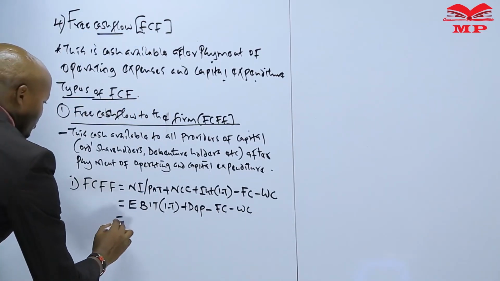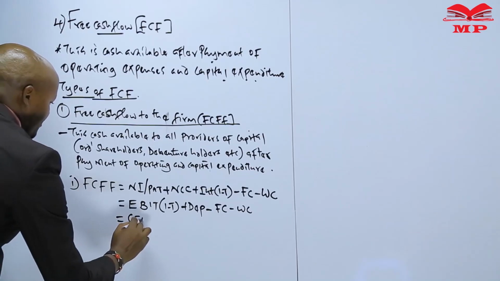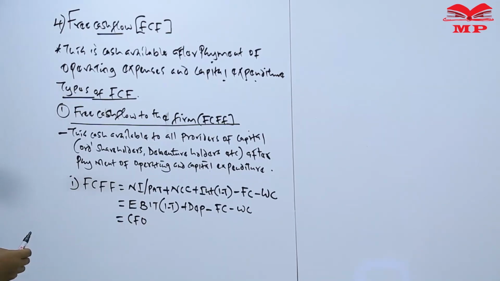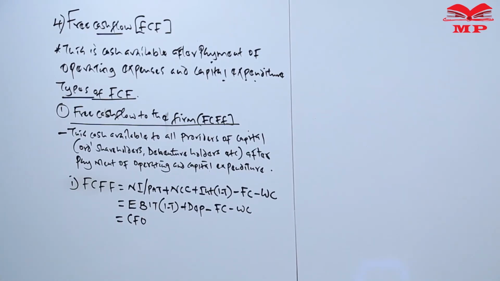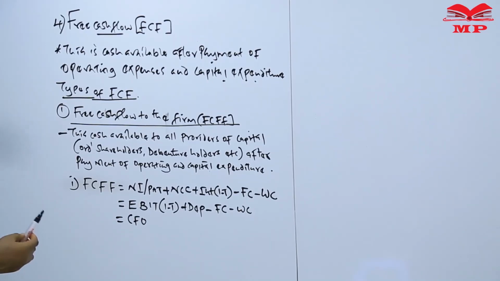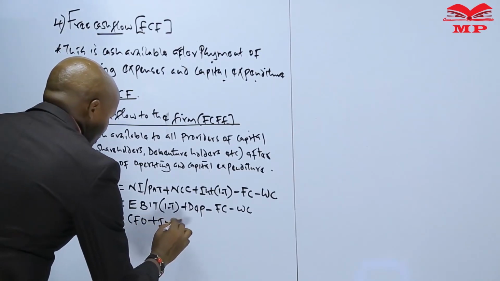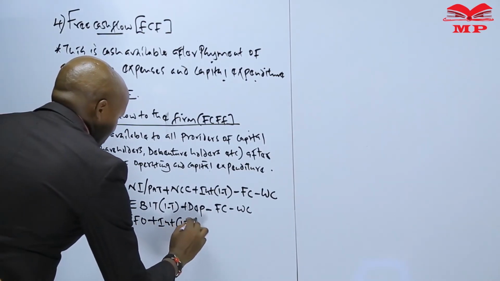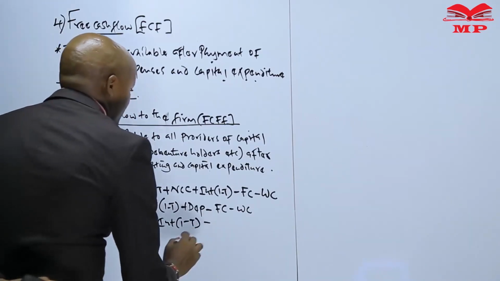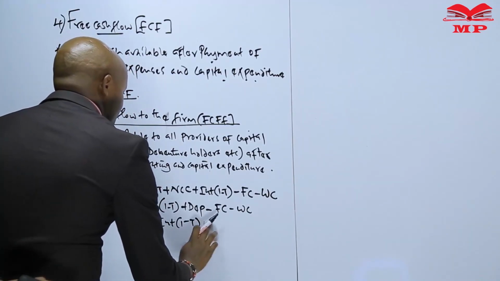The other formula is whereby we take CFO. Remember, CFO here is the cash flow from operation, and then to this we add the interest multiplied by 1 minus tax rate, and then we less the capital expenditure.